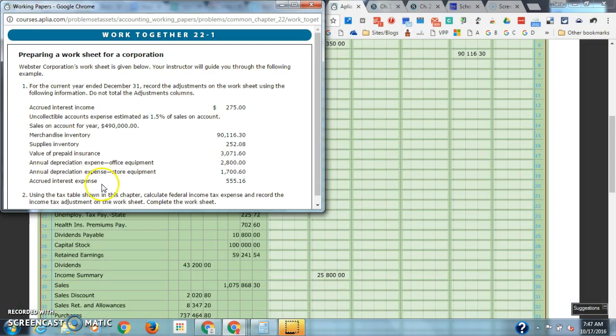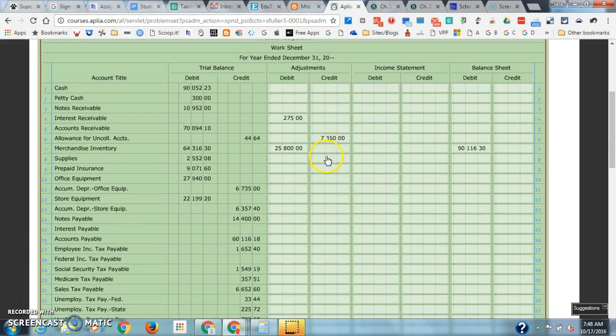Okay, next is supplies. So this is going to be kind of the same thing. I'm going to take my trial balance amount minus this amount they give me to figure out my adjustment. So back up on line 8, and it's a credit of $2,300. And I'm going to go ahead and put in my balance sheet debit of $252.08.